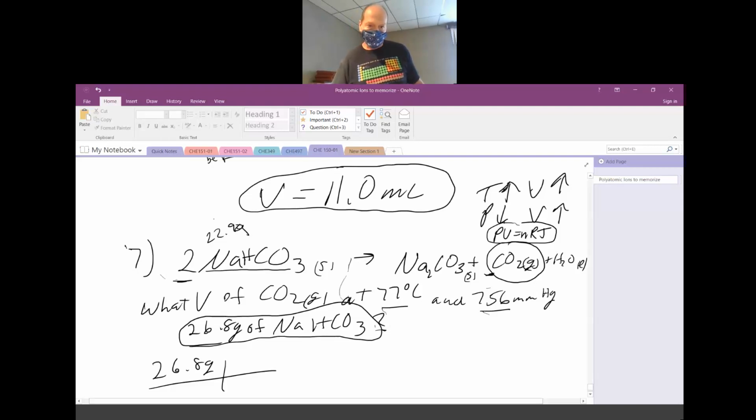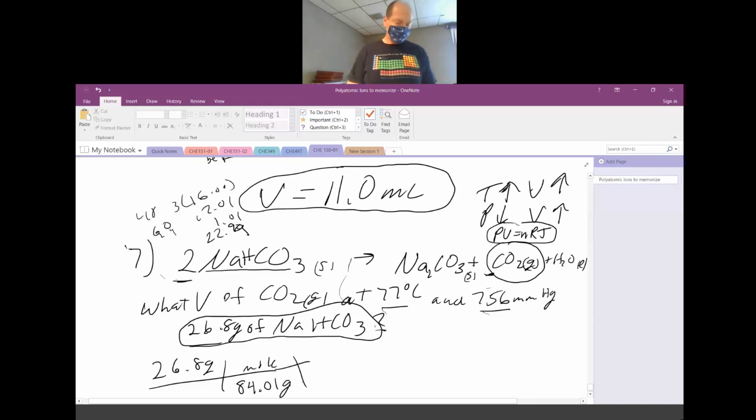Hydrogen, 1.01, carbon, 12.01, and 3 times 16. That is 48. That looks like it is 84.01 grams per mole. Did that a little fast.